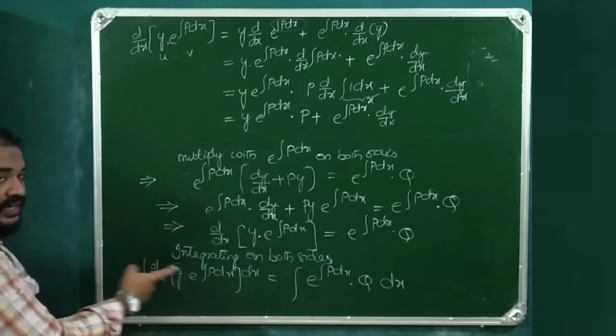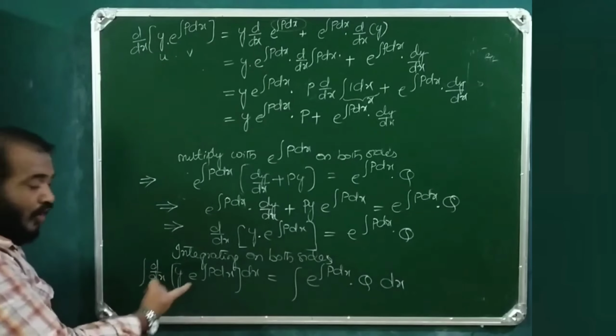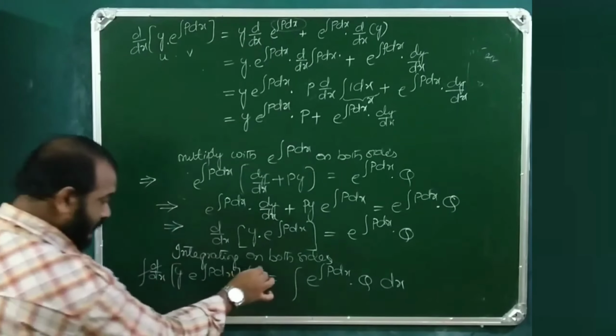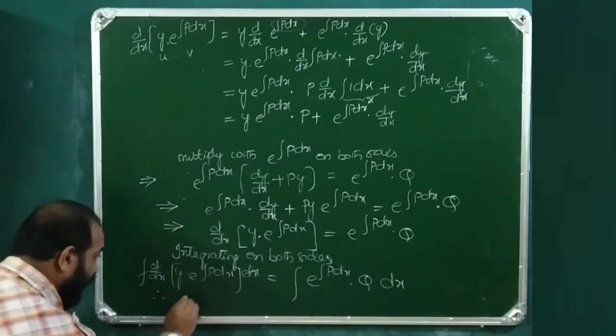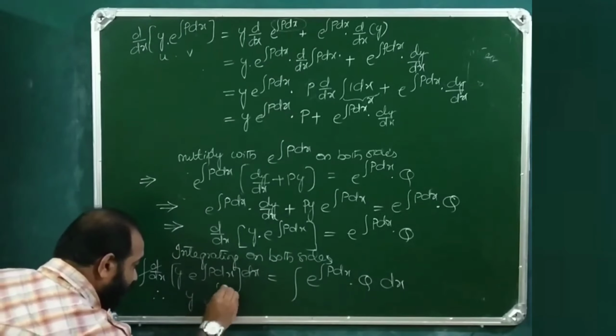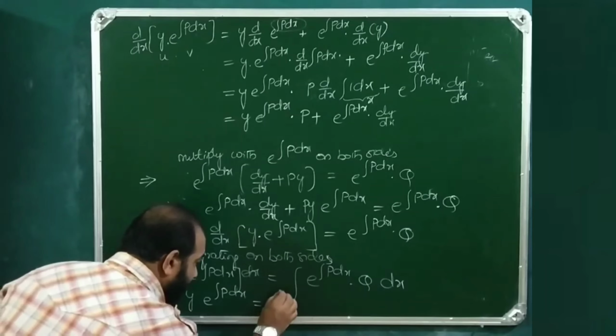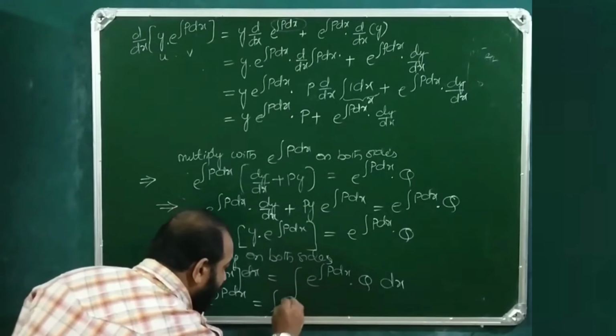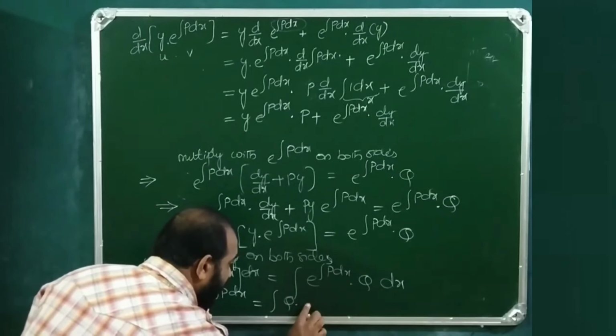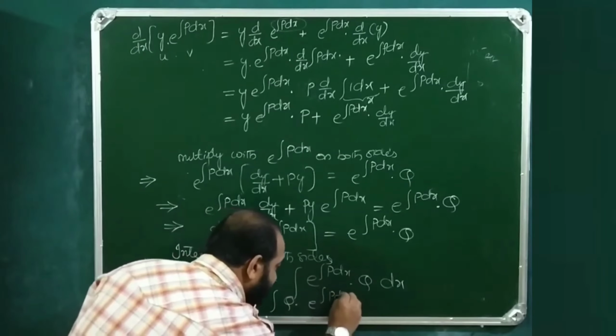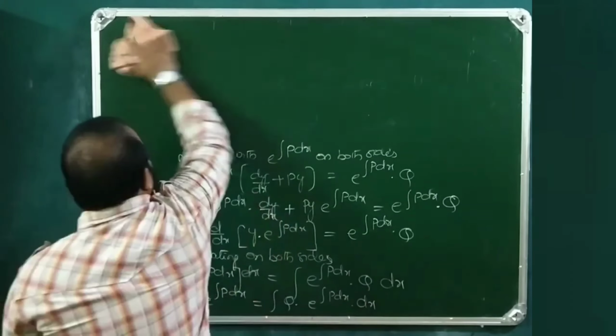Since integration and differentiation are opposite processes, therefore we get y into e power integral p dx is equal to integral q into e power integral p dx dx.